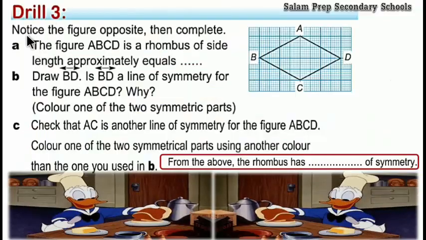Drill 3. Note the figure opposite, then complete. The figure A, B, C, D is a rhombus of side lengths approximately equal. Excellent. 2 centimeter. The side length of AB equals 2 centimeter.